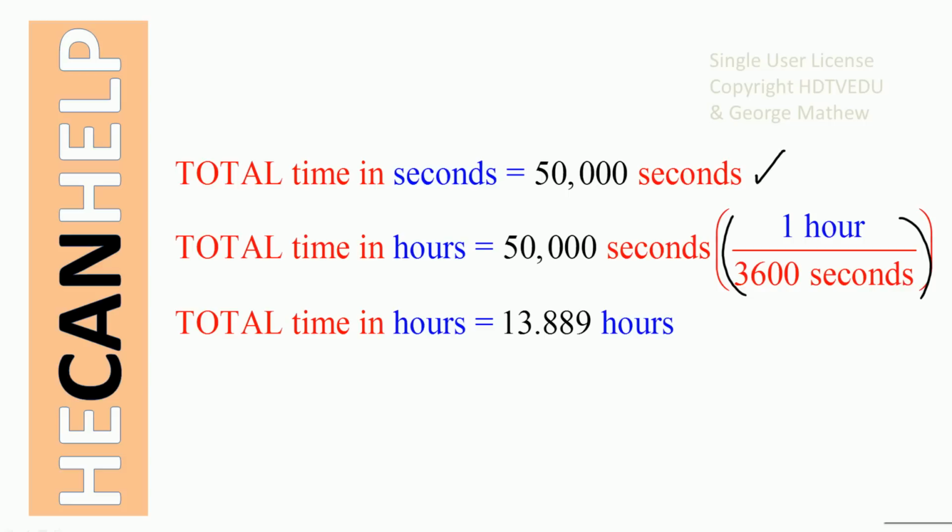But we put that in such a way that the seconds and seconds cancel out. So we put 3,600 seconds at the bottom. So we get 50,000 divided by 3,600 hours, and that is 13.889 hours.